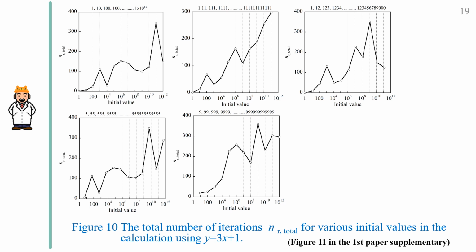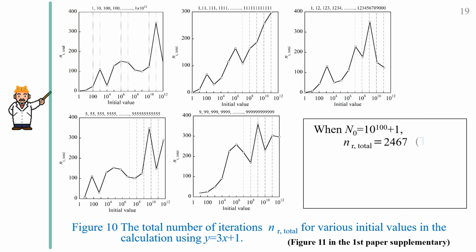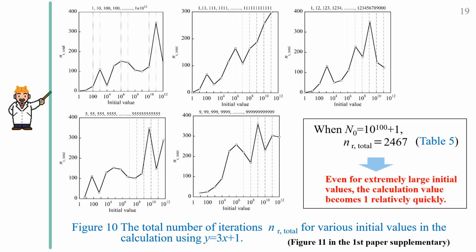As was shown in Table 5, even when n0 equals 10 to the power of 100 plus 1, the number of iterations is at most 2,467. These facts suggest that even for extremely large initial values, the calculation value becomes 1 relatively quickly.